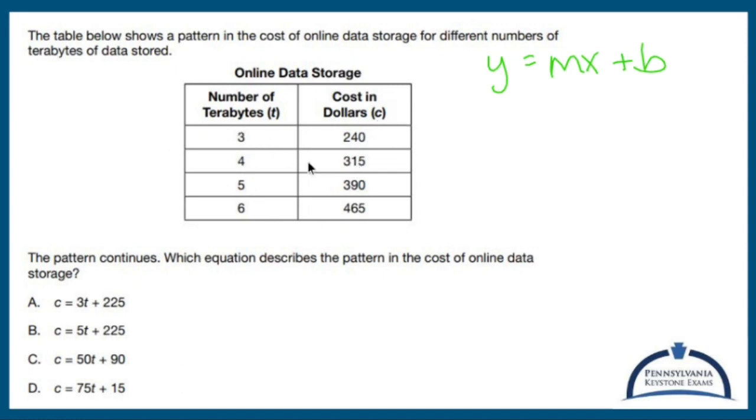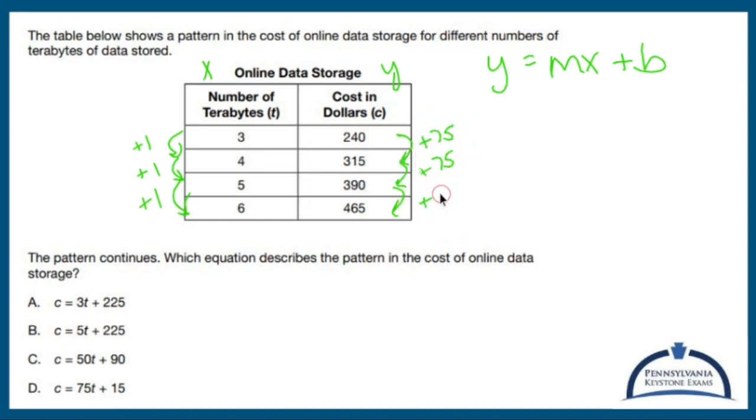So what I'll do is find my slope by finding out the pattern of each side. The left side is going to give me my x value. Now, I know it says t, I'll deal with that in a minute. The c is going to be my y. Here, I add by 1 every time. Here, I add by 75 every time.